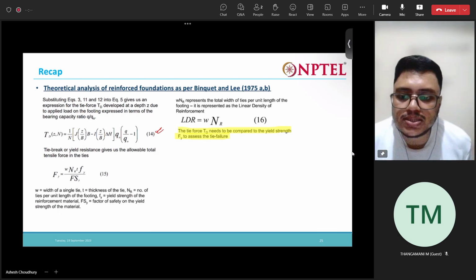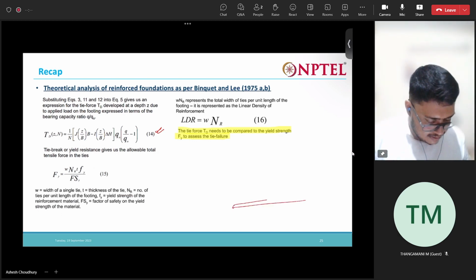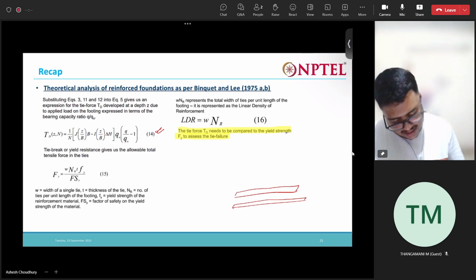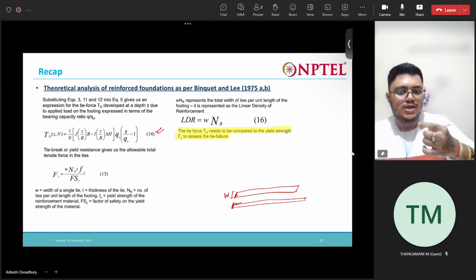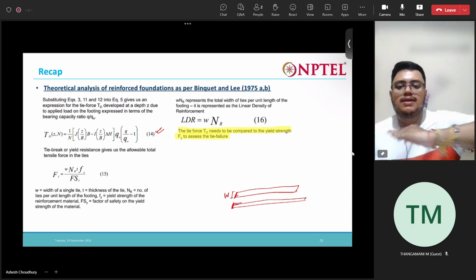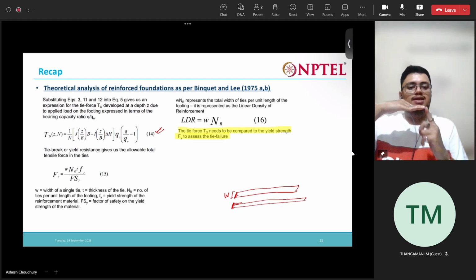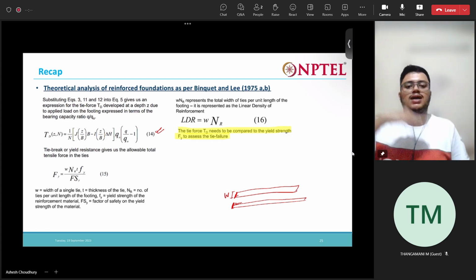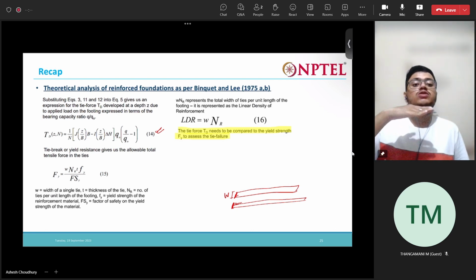So LDR is nothing but the width of a single tie times the number of reinforcements. We are providing the reinforcement like this, and it will have a certain width. This is the width of the strips, in the out of plane direction. NR is the number of reinforcements per unit length.